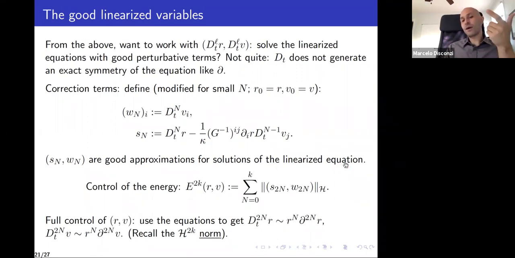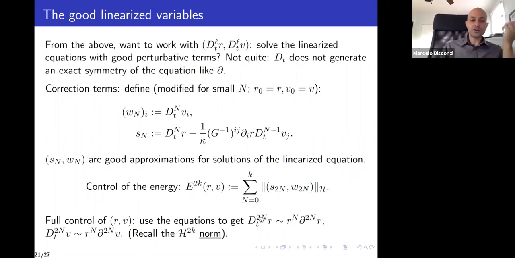And then for the linearized equation, I know what the energy is, so I can construct this energy, which is simply the sum up to the order k that I want of all the linearized variables using the basic L2 weighted norm. Okay, so here this index 2n tells you that you are taking up to 2n material derivatives.